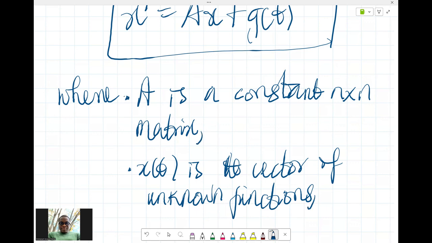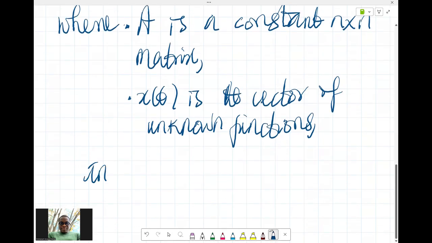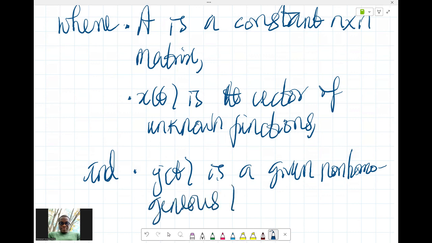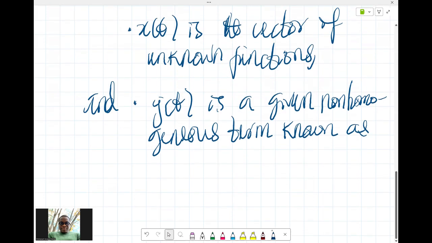And lastly, we have g of t, a given non-homogeneous term known as the forcing term.